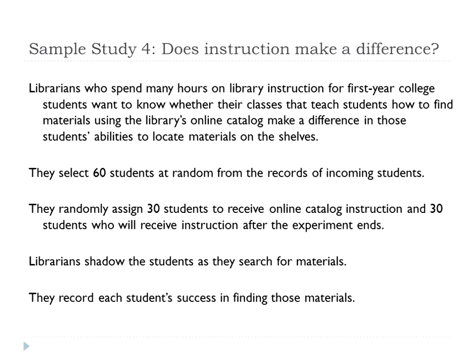Librarians had spent many hours on library instruction for first-year college students, and they wanted to know whether their classes that teach students how to find materials using the library's online catalog make a difference in those students' abilities to actually locate the materials on the shelves. After all this instruction, can they do it by themselves is what they were interested in finding out.